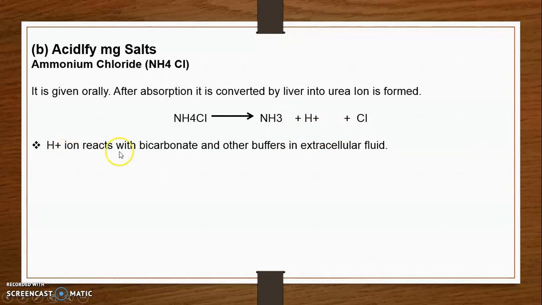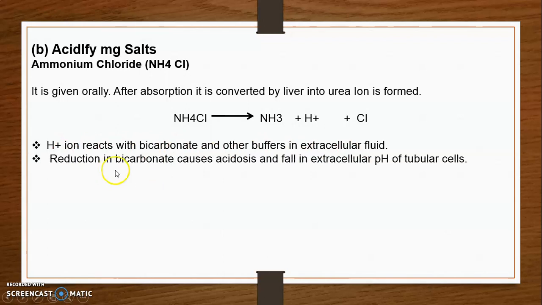Here H plus ion reacts with the bicarbonates and other buffers in the extracellular fluid. Then the reduction in bicarbonate causes acidosis and a fall in the extracellular pH of the tubular cells. This is believed to cause diuresis, and urine becomes acidic due to acidifying salts like ammonium chloride.